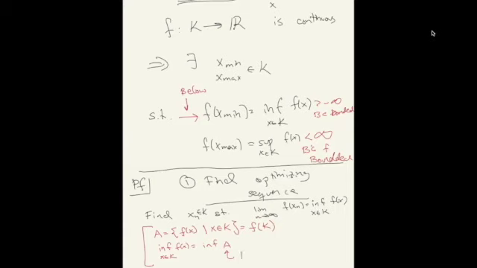It is bounded. So then the infimum is bigger than minus infinity. And this means that there exists a sequence of points y_n in A such that the limit as n goes to infinity of y_n is equal to the infimum of A.